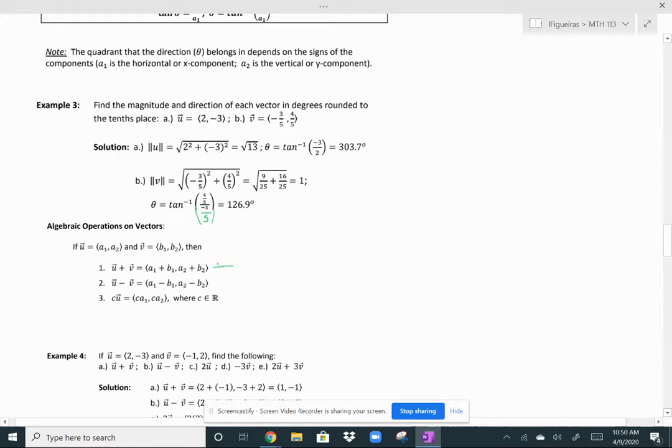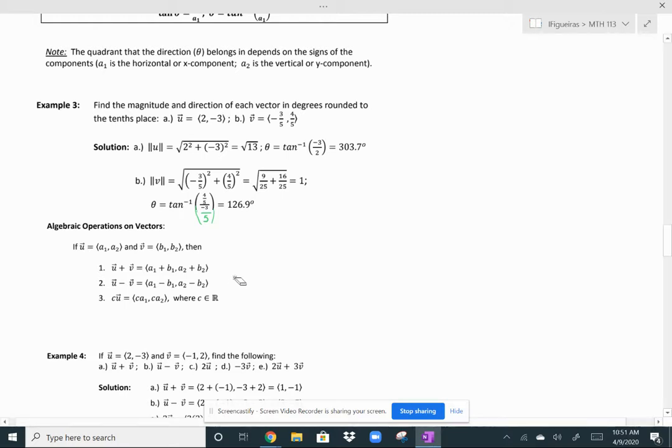So notice that u plus v, the sum of that will have components a sub 1 plus b sub 1. In other words, the corresponding x's get added, and then y components a sub 2, b sub 2, so the corresponding y values get added. The same is true for subtraction. So vector u minus vector v just means that you subtract the corresponding x components and the corresponding y components.